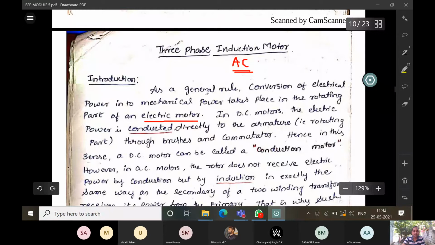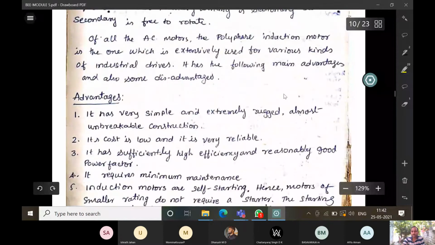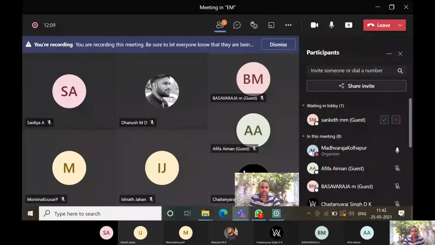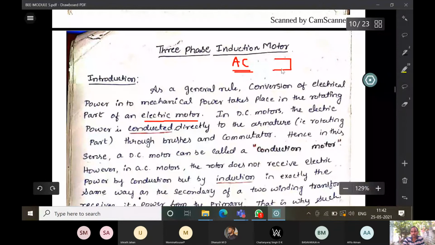In a conduction motor, this is done directly through conduction. Suppose a motor has a field, that is the magnetic field with poles N and S, and the armature.